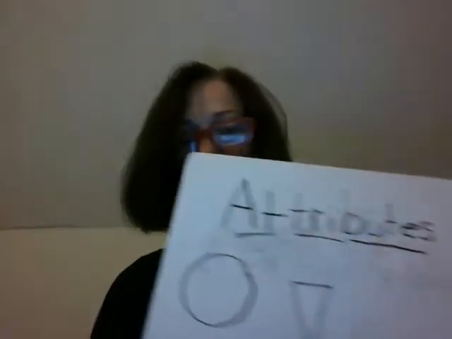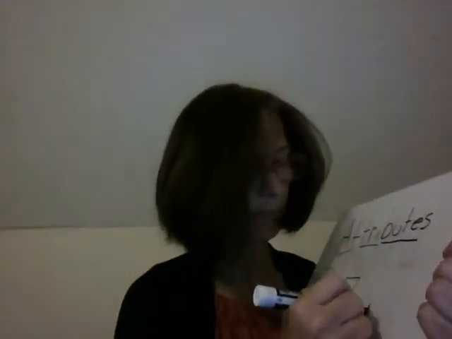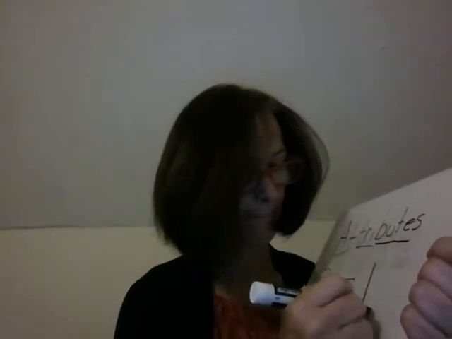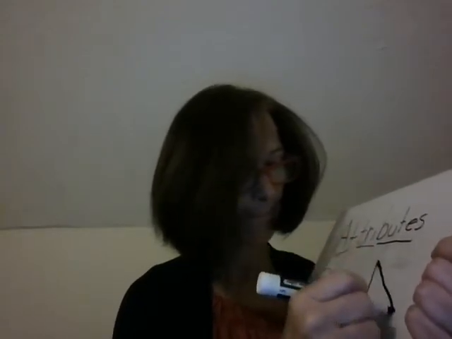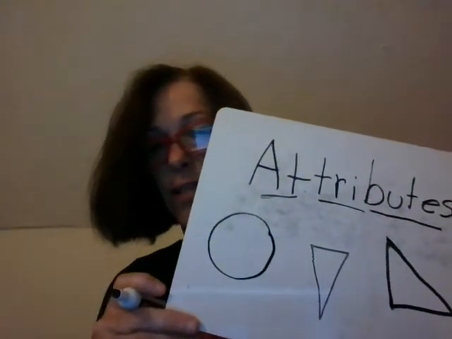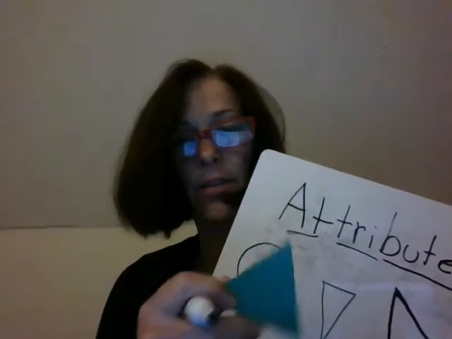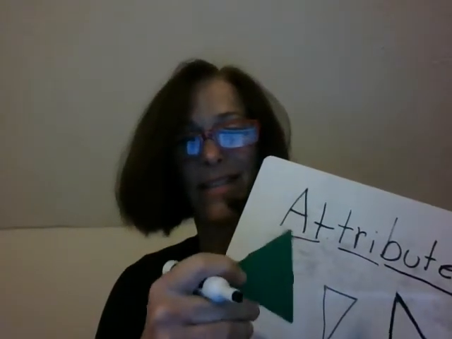It could be like this. That's a triangle. It has 3 sides, 3 corners, 3 vertices. That's a triangle too. 3 corners, 3 sides, 3 vertices. This is not the only triangle in the world, okay?